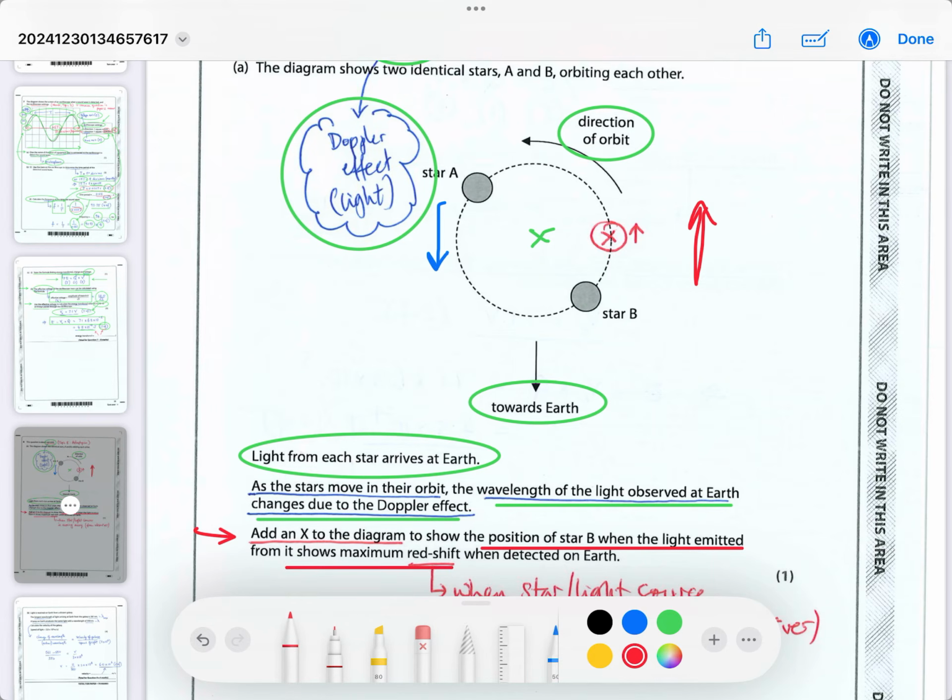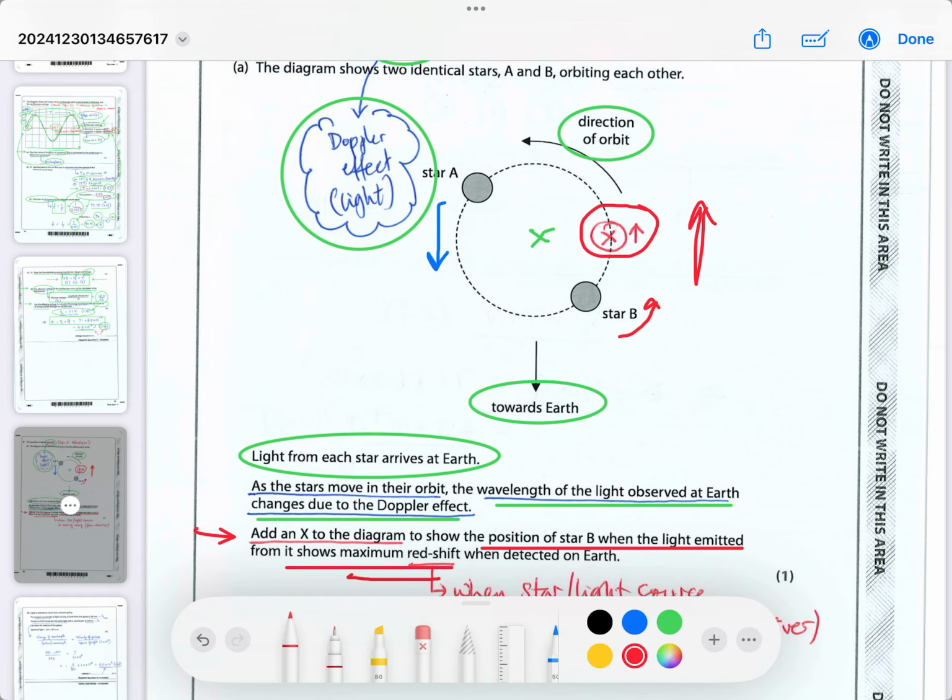Okay, well the maximum redshift is obviously when it's moving directly away from us. Right now, star B is moving that way. But over here, it's going to be moving at the fastest rate away from us. So that will be the maximum redshift.